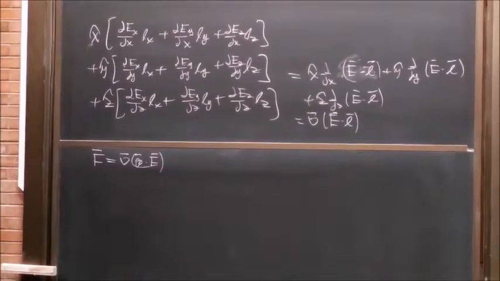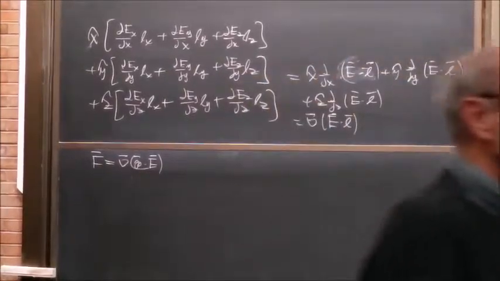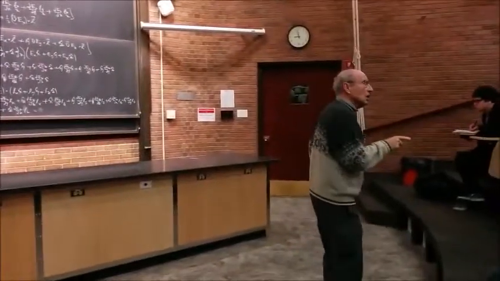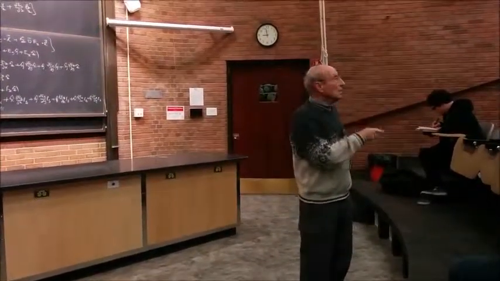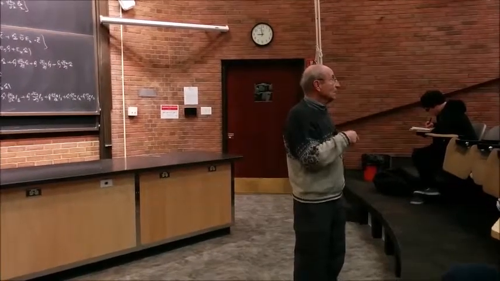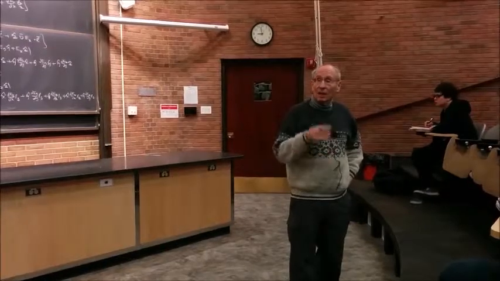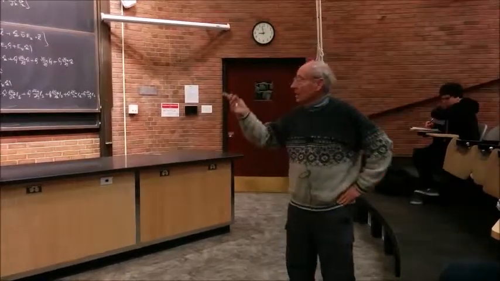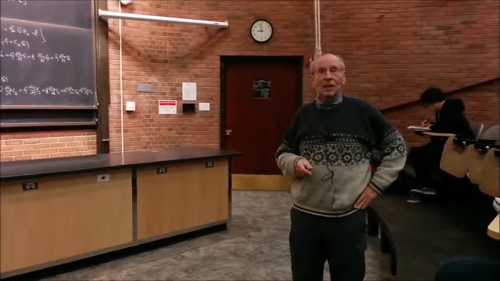You have to find the gradient of P dot E, but that's obvious, and the reason it's obvious is the force should ultimately be minus the gradient of the potential energy. That's what we got when we talked about potential energy last semester. That means that this says the potential energy is minus P dot E.